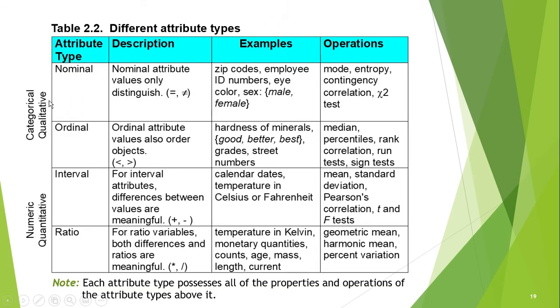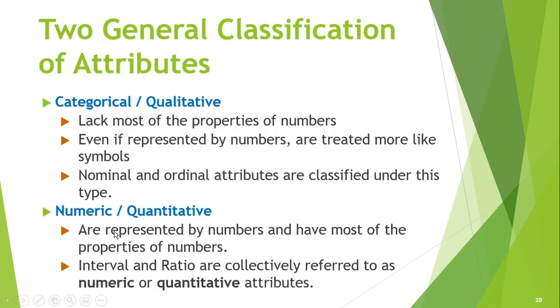Ito po. Yung interval and ratio are classified as numeric or quantitative attributes. Okay? So, lahat dito, numbers. Katulad ng length, ng weight, ng height. These are quantitative or numeric.